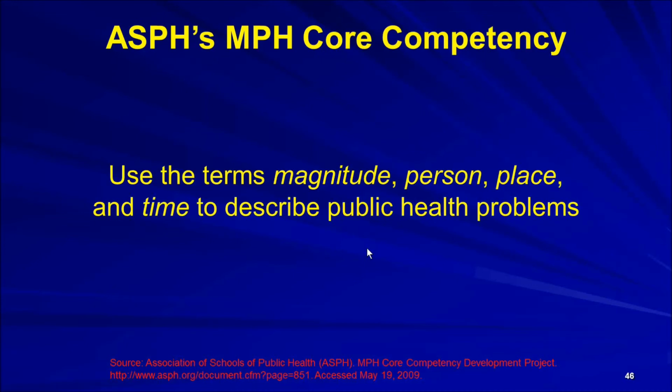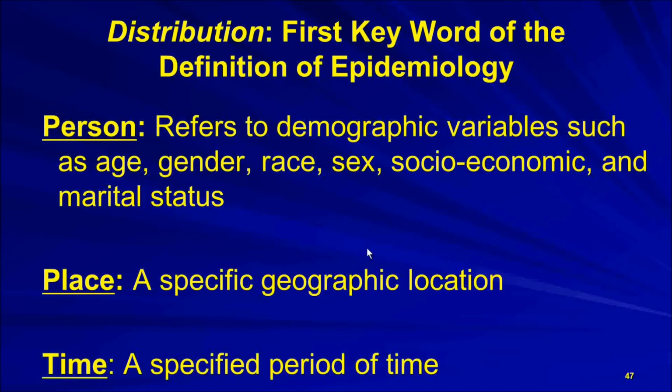So if you have this course, you can claim that it's pretty consistent with any course you would have in most institutions in epidemiology. And we're going to talk about key terms where we can learn so much about a problem in and of itself, that we're going to talk about magnitude, person, place and time. Okay, so just hang on to your seats here and we'll get started with this.